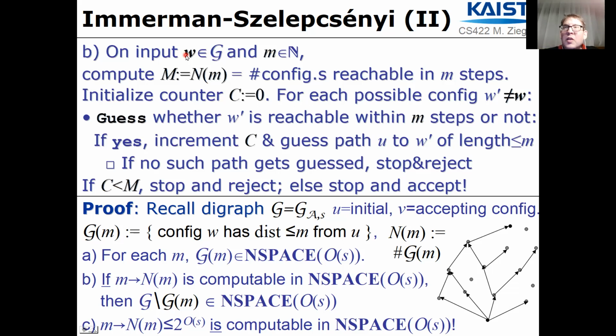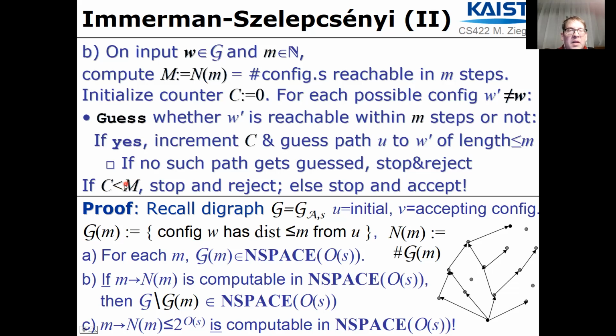So that concludes our description of the algorithm underlying item B, where the basic idea is repeatedly applying item A, verifying that some vertex is reachable within m steps with non-deterministic guesses. And whenever it is reachable, verify that and increase the counter.